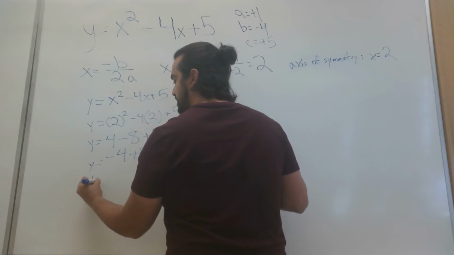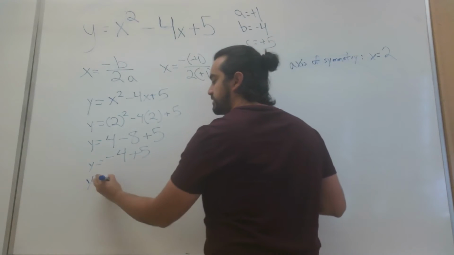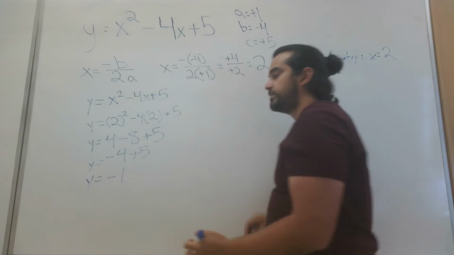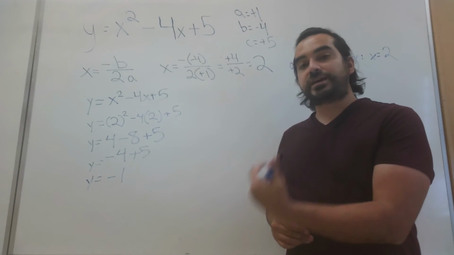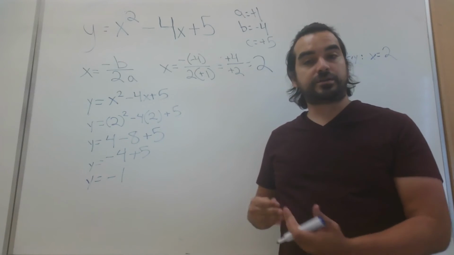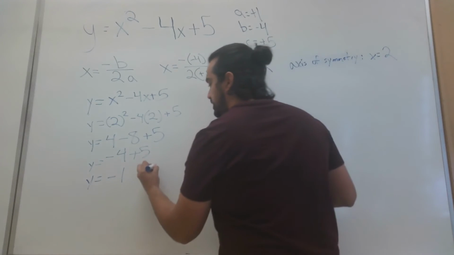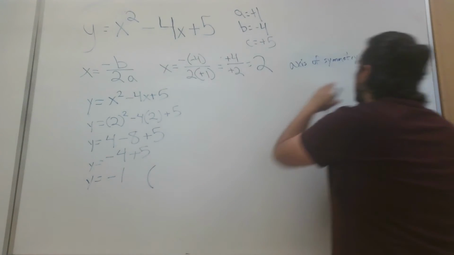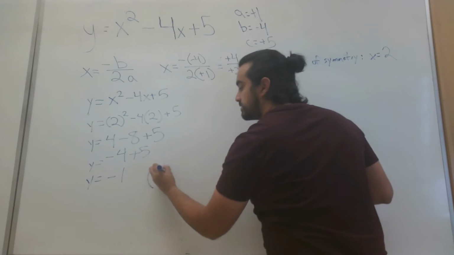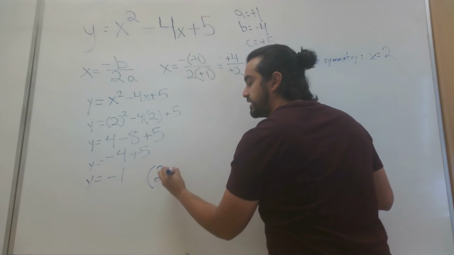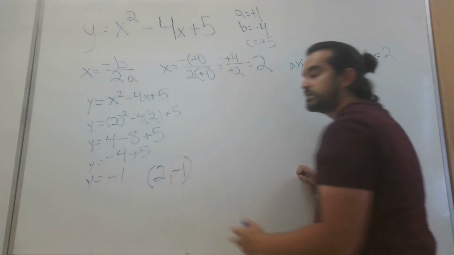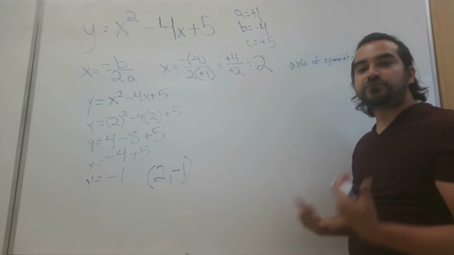So then y is equal to negative 4 plus 5 gives you negative 1. Now, since I found my axis of symmetry and the output of the axis of symmetry, I'm able to write the vertex, which would be x is 2, and my y value is negative 1. So this right here would be my vertex.